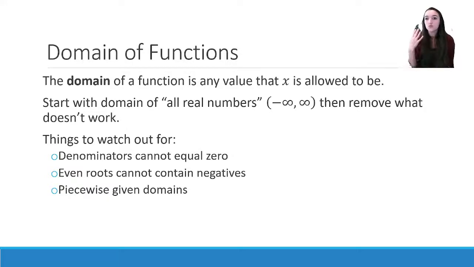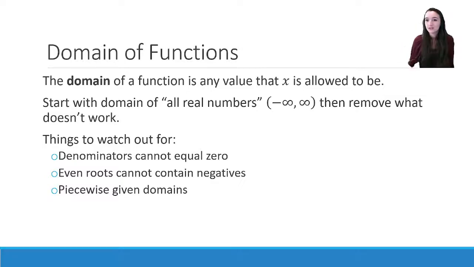And then we've talked about piecewise functions in chapter 1.3. So if you don't remember how those work, go back and review that video or those PowerPoints. Because essentially with a piecewise function, sometimes there will be restrictions based on the pieces of the function. It might just stop at a certain point. And then sometimes you'll just be told a domain.